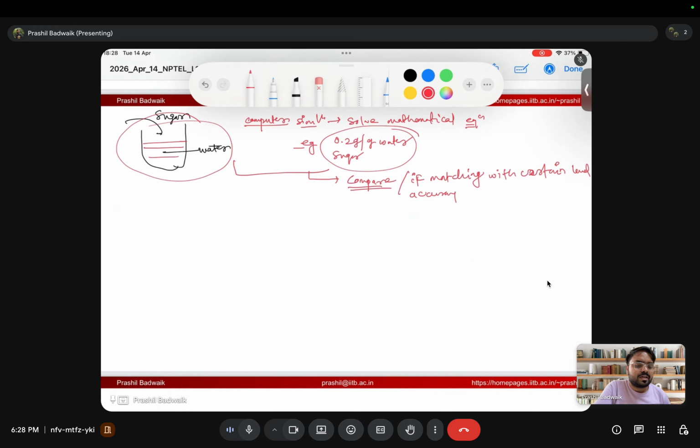If it is matching, that means our simulations are correct. And now I don't need to do any experiment further. If I want to do it at temperature T1, T2, T3, and so on, in that case I will just perform simulation because I have matched this case.